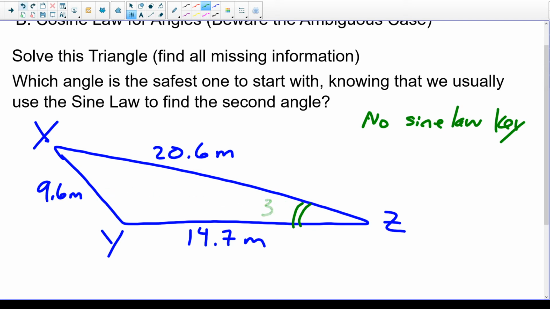So what I want to ask you, based on what I just discussed with you, what angle should we start with? We can't start with Z, so it's either X or Y. Which angle should we start with? Now, can you also tell me why we should start with angle Y? I'll give you a second in chat to formulate that.